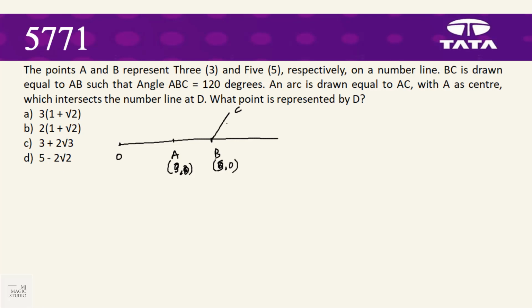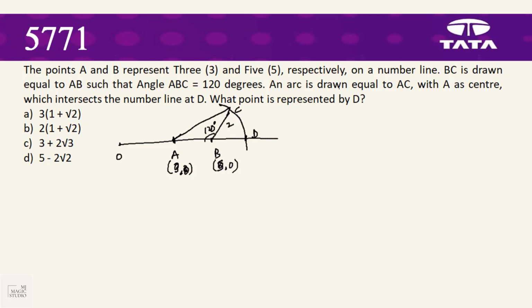This is C. Now AB is 2, this BC is 2, and angle ABC is 120 degrees. An arc is drawn equal to AC with A as the center, which intersects the number line at D.